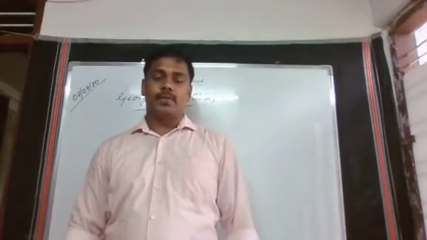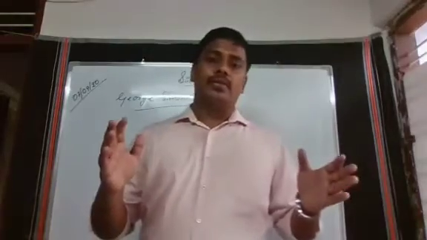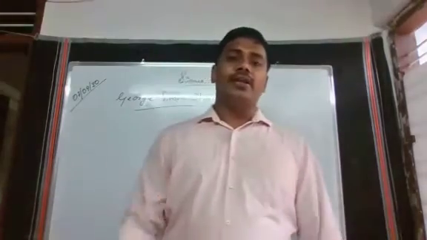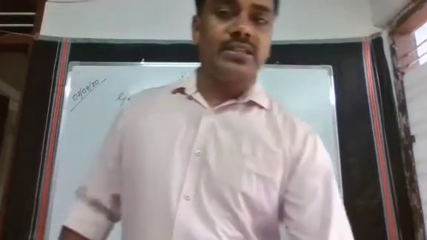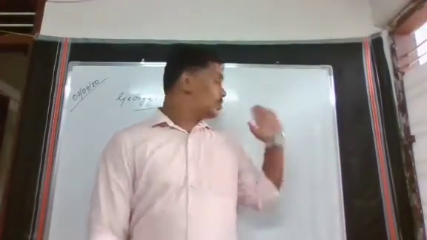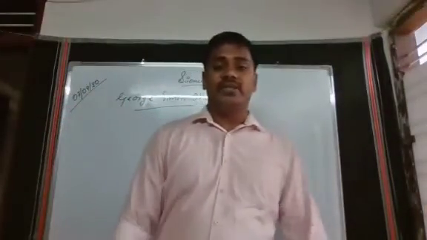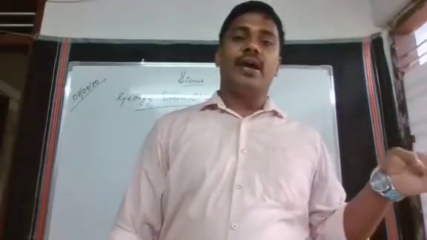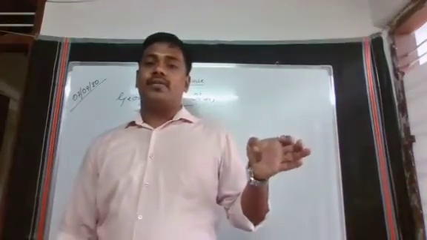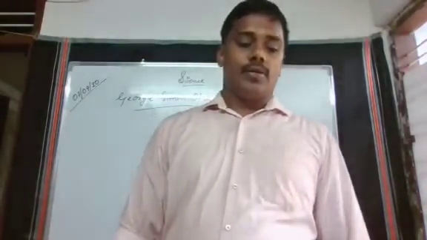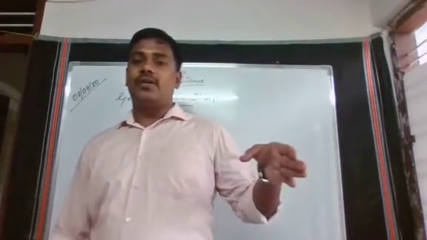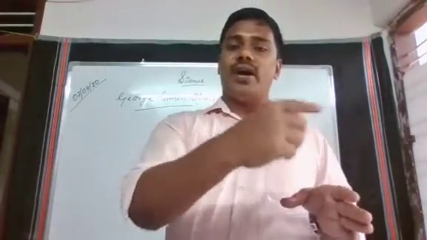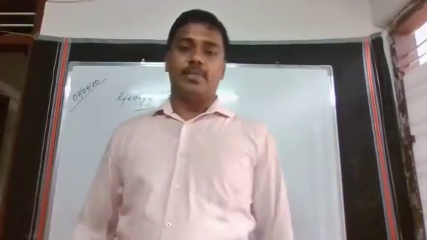Once again, George Simon Ohm is a German physicist who found the relationship between potential difference in a wire and the current, from the positive terminal to the negative terminal. So, what are his findings?